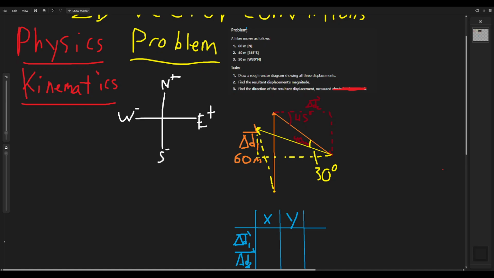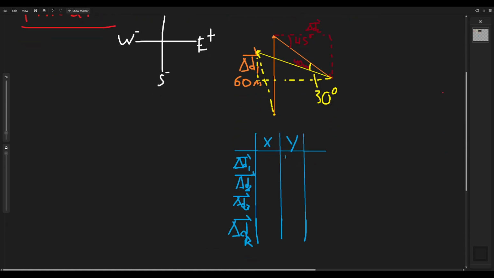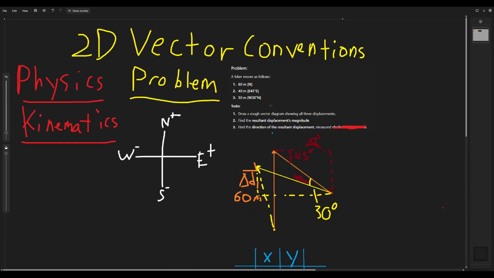So first displacement, 60 meters north. North is going up, so that is going to be in the y component, and north is positive, so it's going to be in y plus 60. Displacement 2, 40 meters east, 45 south. This is where we're going to have to break it up into x and y components.